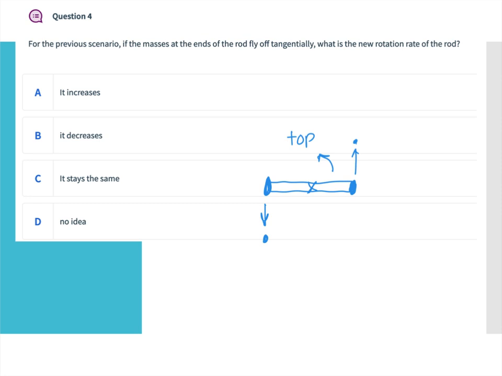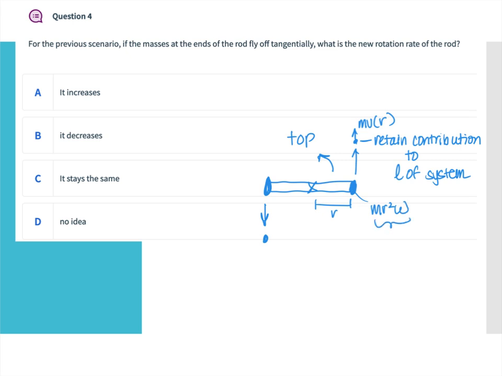And so the little masses retain their contribution to the angular momentum. Even though now we'll talk about their angular momentum as being mvr, instead of mr squared omega, notice this is still mrv.